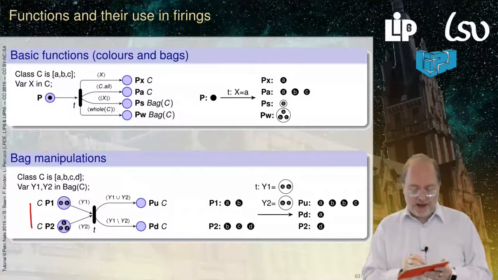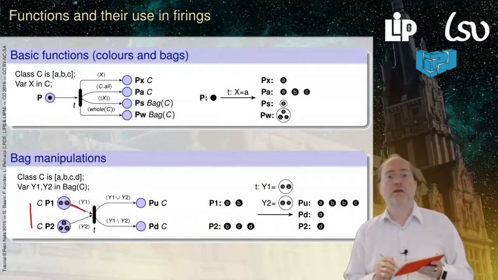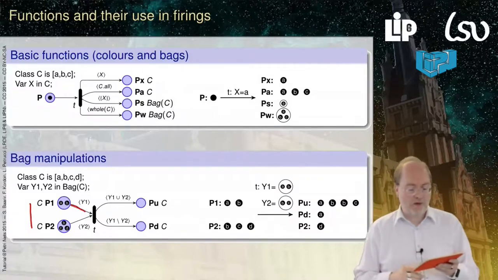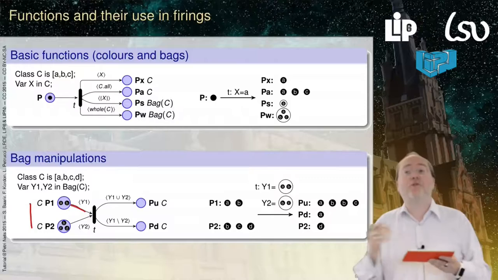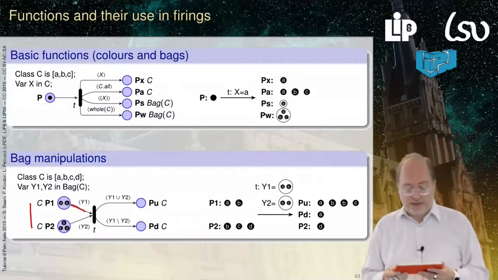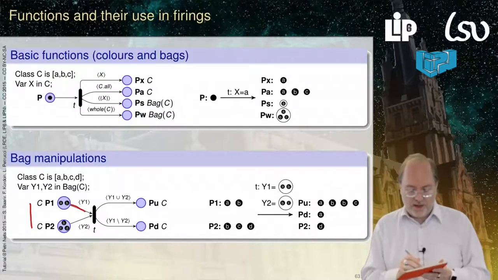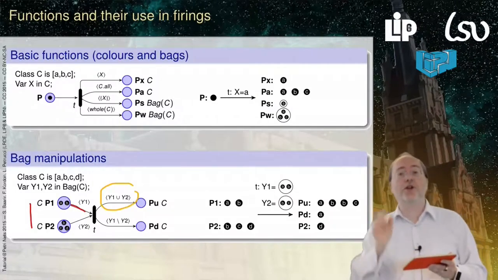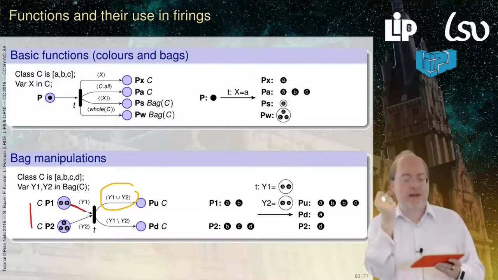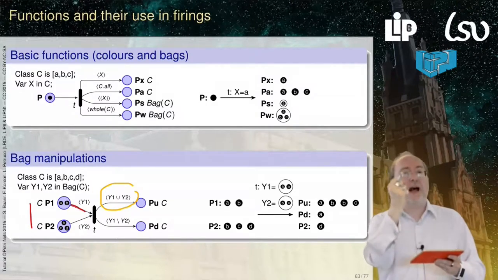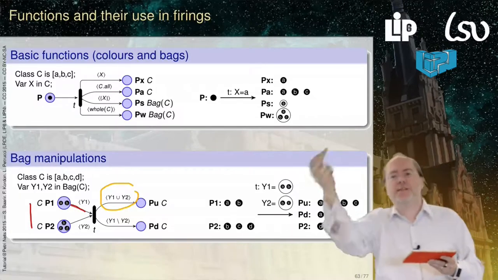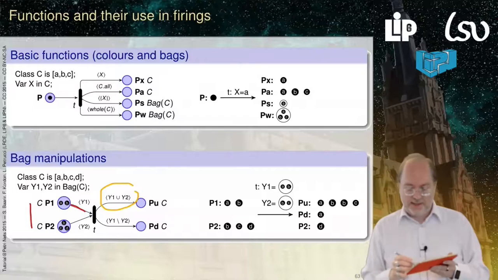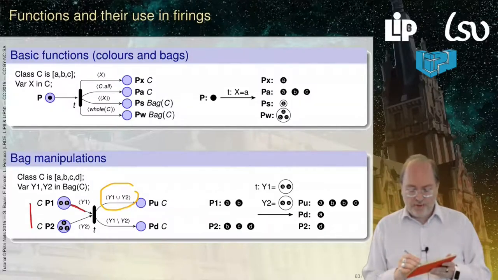So here I take a bag Y1 and another bag Y2. These two places are of the same type. So I can imagine that here I will do the union of these two sets. So I will create a bag that will have the set of the first bag and the set of the second bag.